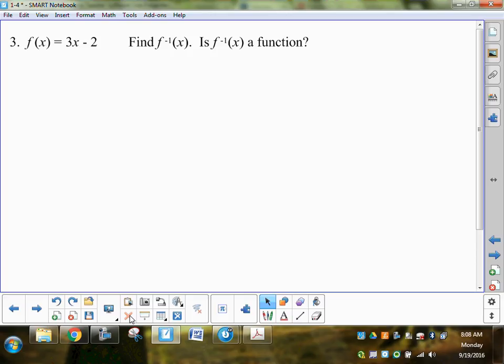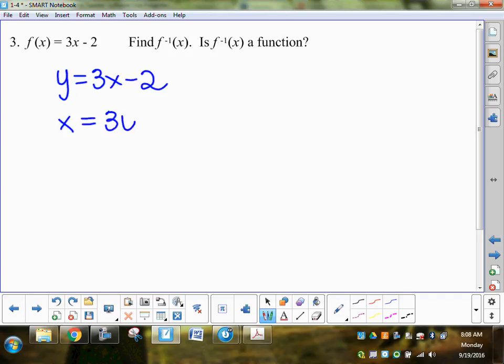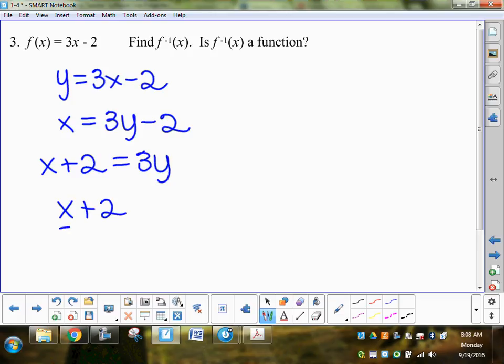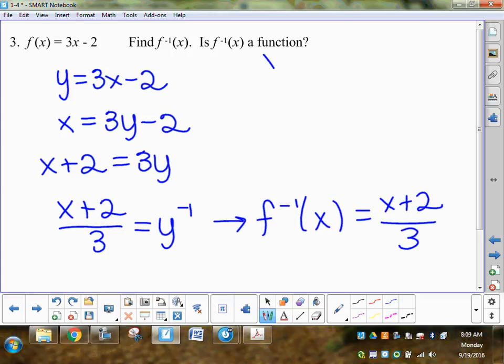Find the inverse on your own, quickly. That's how quickly you all should be able to go through and do that last piece.